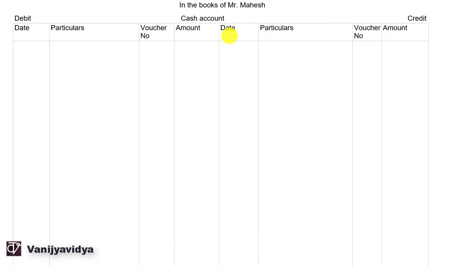So all the credit entries will be on the right hand side and all the debit entries will be on the left hand side. Since there are many transactions in the cash account, this cash ledger account we have prepared is a little big. Similarly, we have prepared all the ledger accounts. Let's have a look at it.